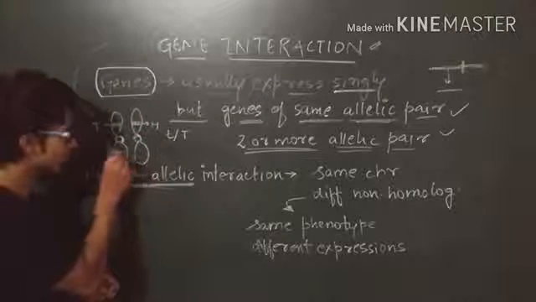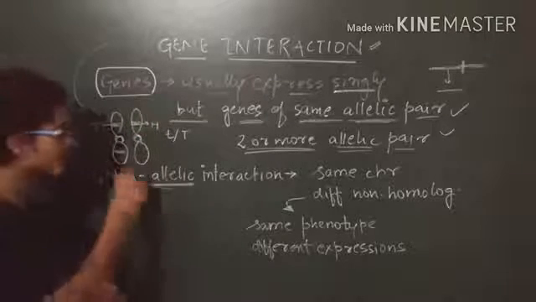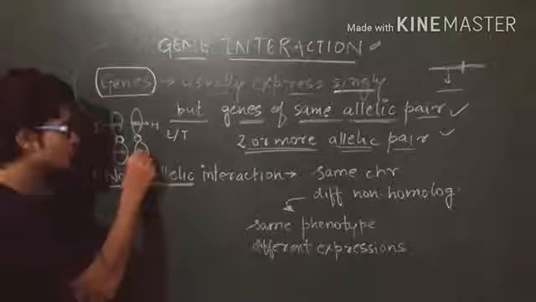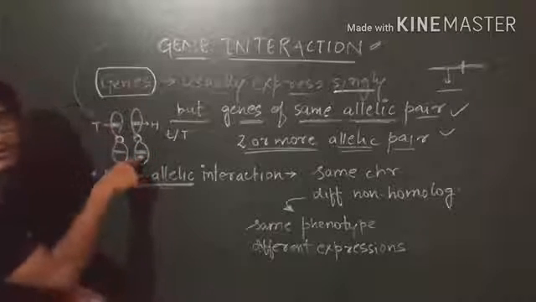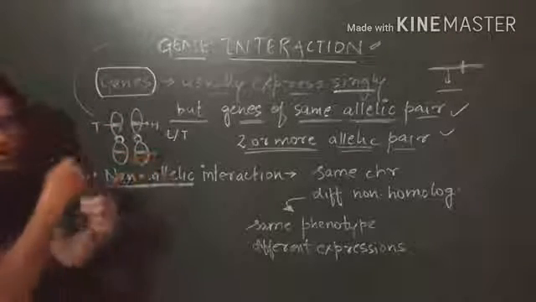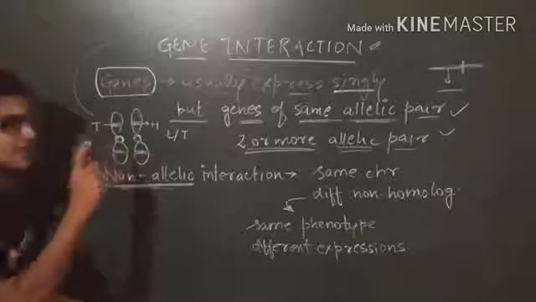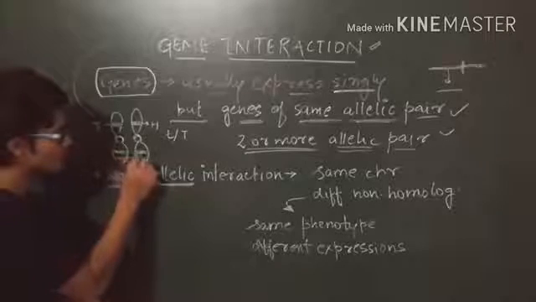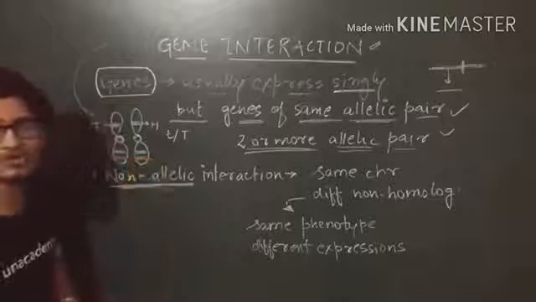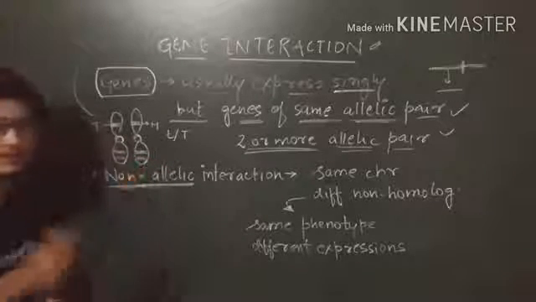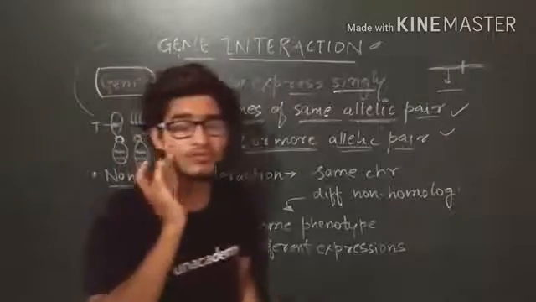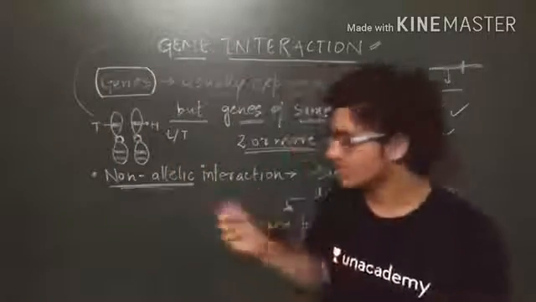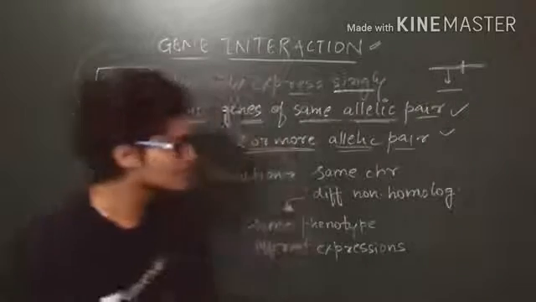If this is the gene for eye color, in the homologous chromosome this is also for eye color. It may be white eye or red eye, it does not matter. The character must be the same. If this is for, let's say, pod shape, this is also going to be for pod shape. These are known as homologous chromosomes, where they share the same things.